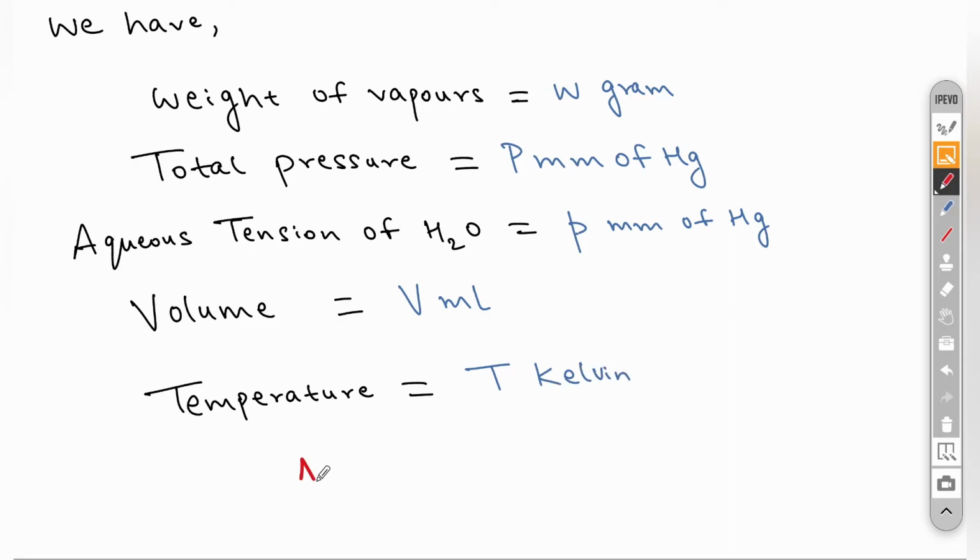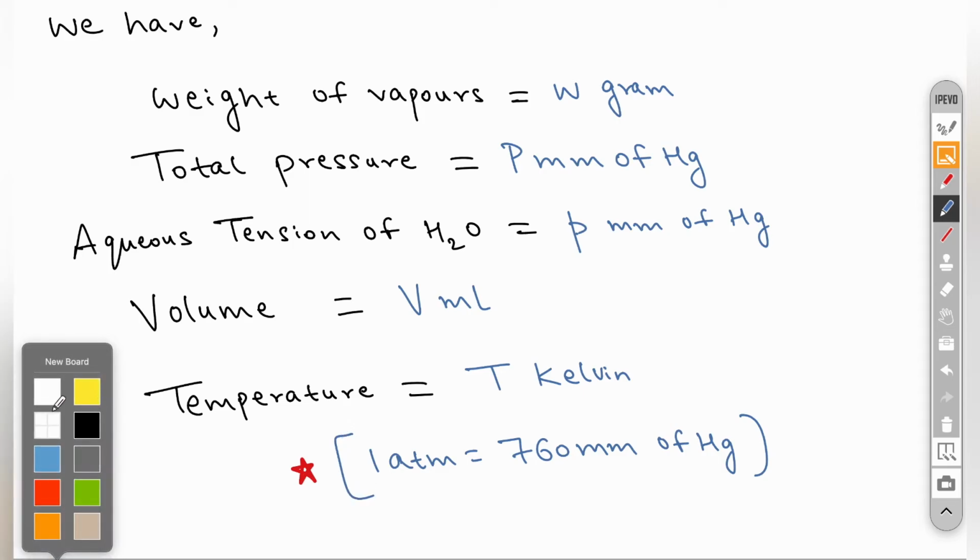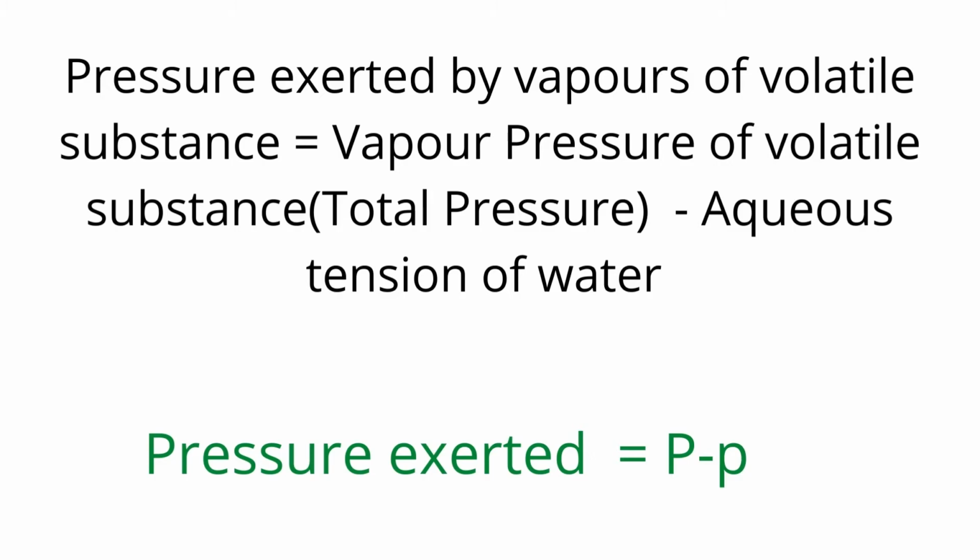Also, 1 atm is 760 mm of Hg. This is important, you need to remember. Also, the pressure exerted by vapors of the volatile substance is equal to the vapor pressure of the volatile substance minus the aqueous tension of water. So the pressure exerted will be capital P minus small p, right?